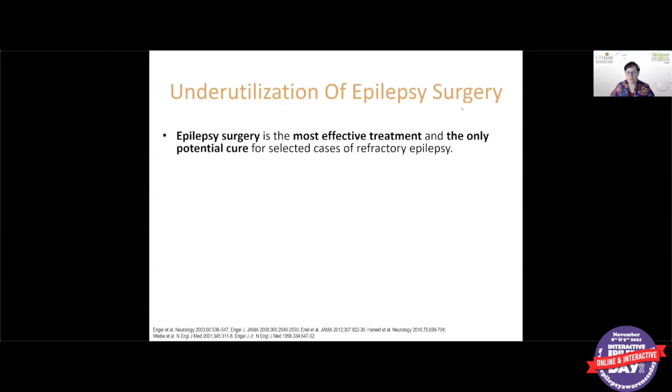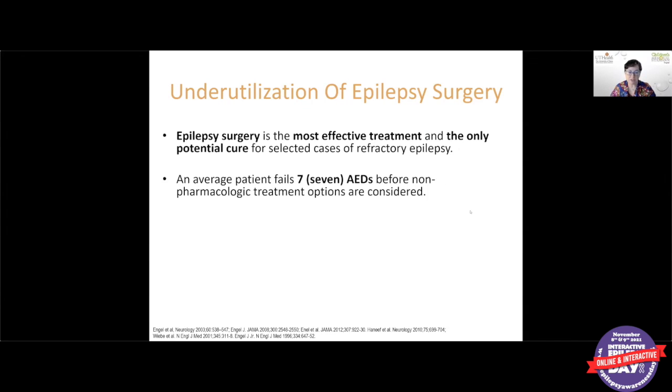And just to remind you, sometimes surgery is thought of as a very scary procedure that should be the last possible thing you want to try for a patient. But in reality, epilepsy surgery is the most effective treatment that we have for epilepsy. And if a patient is a candidate for it because they have focal epilepsy that we think would be amenable to surgery, it's really the only potential cure for some people who have refractory epilepsy, or epilepsy that doesn't respond to medications.